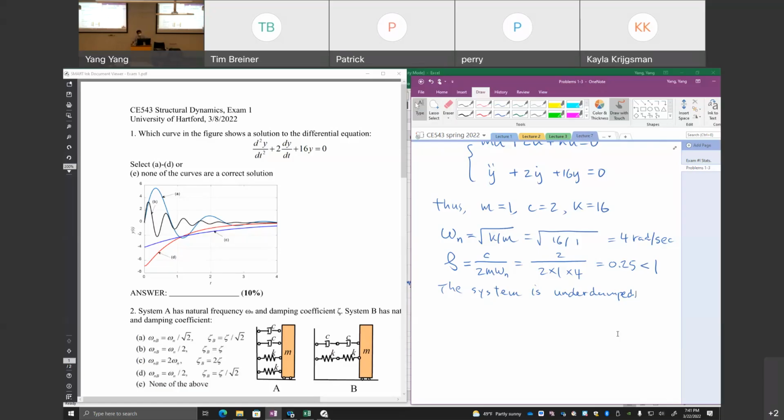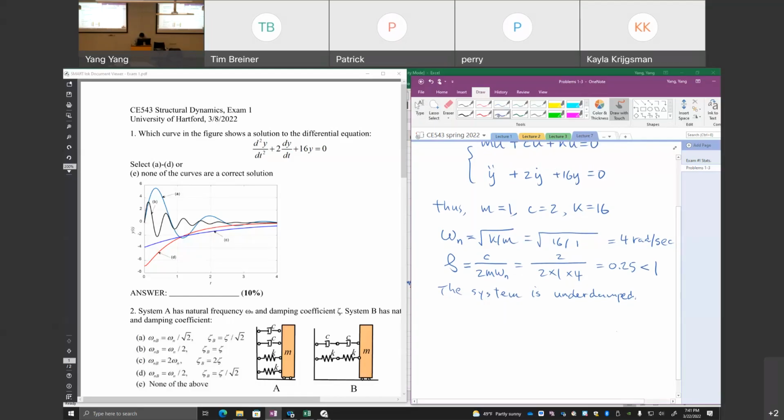Because this is an underdamped system, the period of the system is to be calculated based on omega D. So we can say that omega D, since this is a damped system, the frequency should be omega D, equal to the square root of 1 minus zeta squared times omega n.